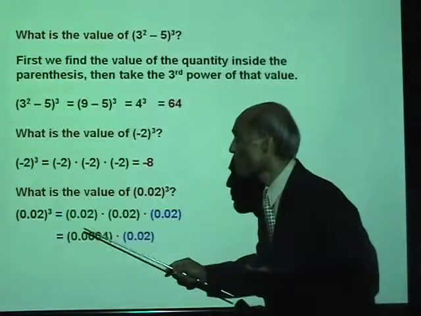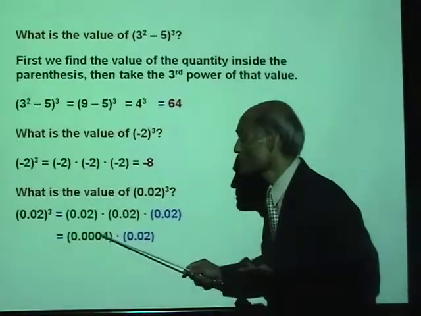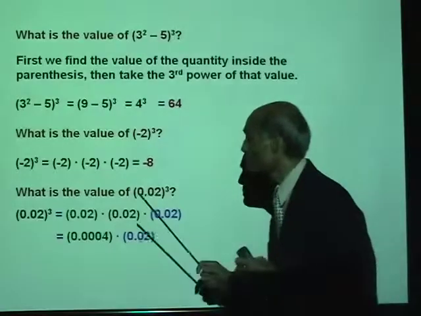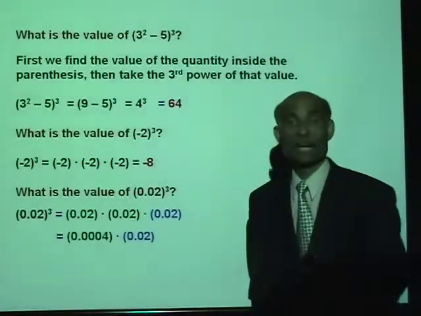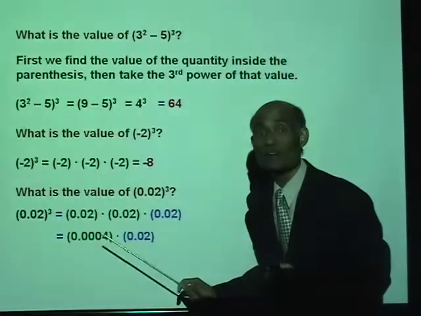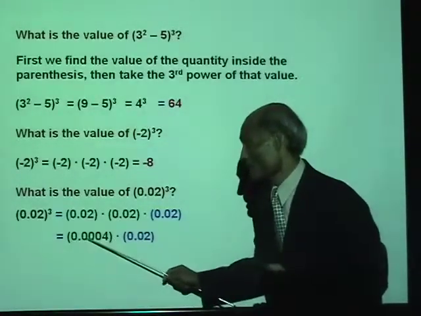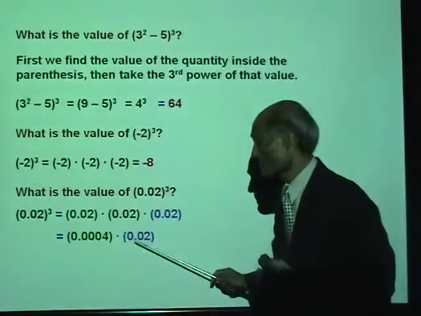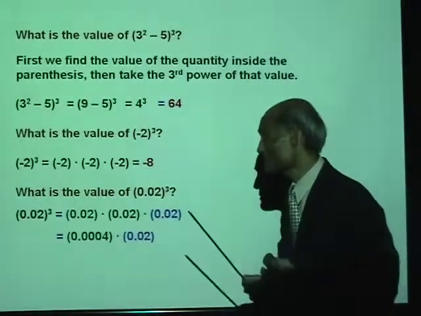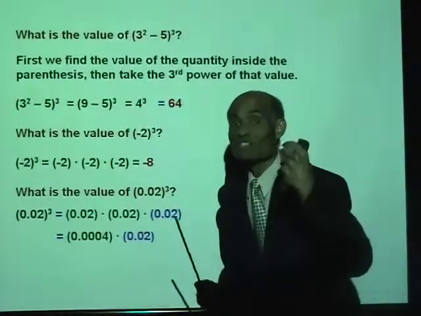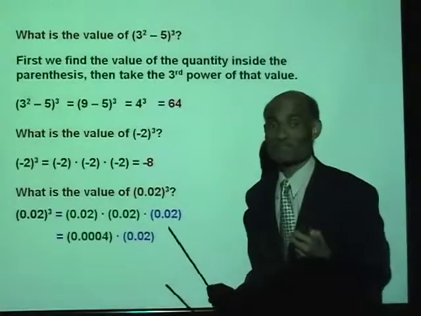That will be 0.0004. And now multiply that with 0.02. You can now tell me the answer. How many decimal places will be there in the answer? There are 4 decimal places in the first number. There are 2 decimal places in the second number. That means the answer will have 6 decimal places.